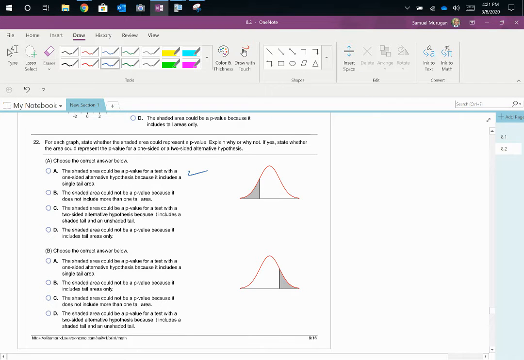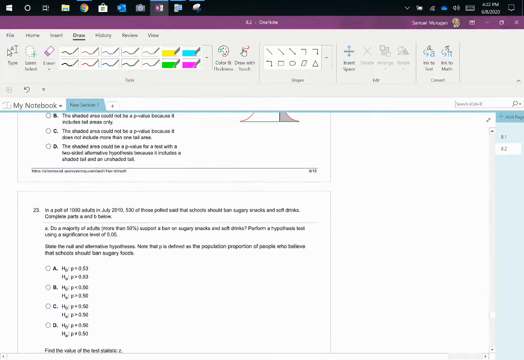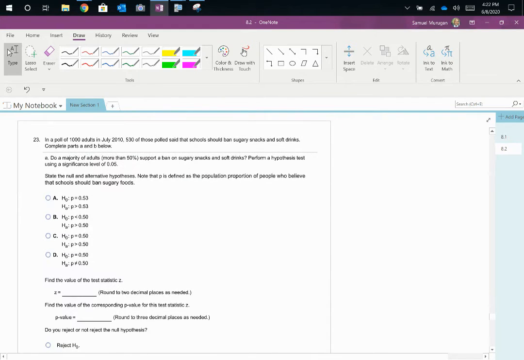The shaded area could be right-tailed. Single-tail area, one-sided. Both cases are single-tail. Oh boy, we're getting through this really quickly here. All right, here we go.